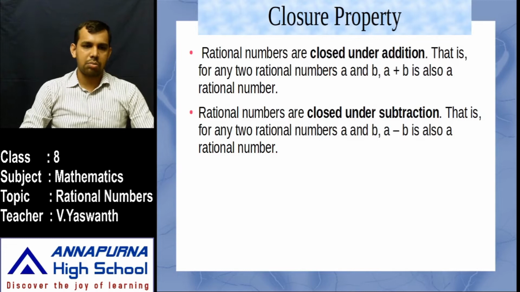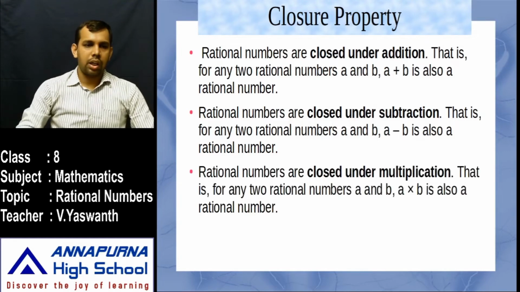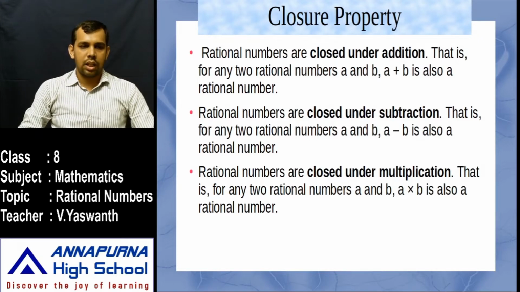In the same way, rational numbers are closed under multiplication also. When you multiply two rational numbers, you again get a rational number.